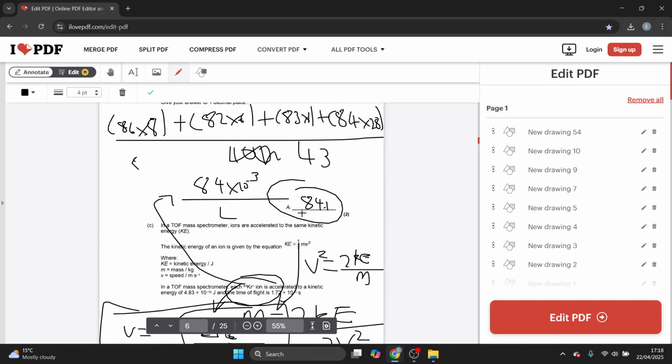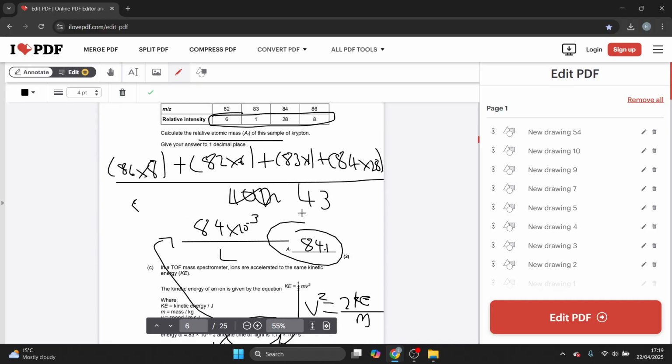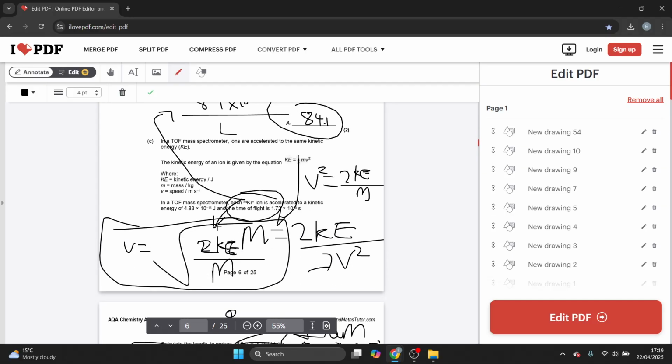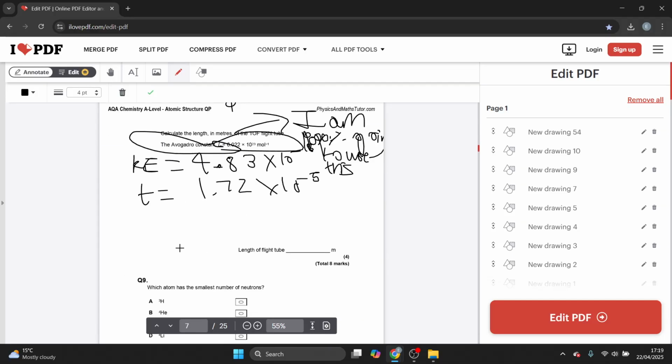So you find out the mass, 84 divided by 1000 divided by Avogadro's constant. Then you rearrange this formula, or you can memorize it. So v equals the square root of 2KE over m, the square root of 2 times the kinetic energy over the m which you've just got. And then you've got velocity. Then recall the formula, velocity equals distance over time.